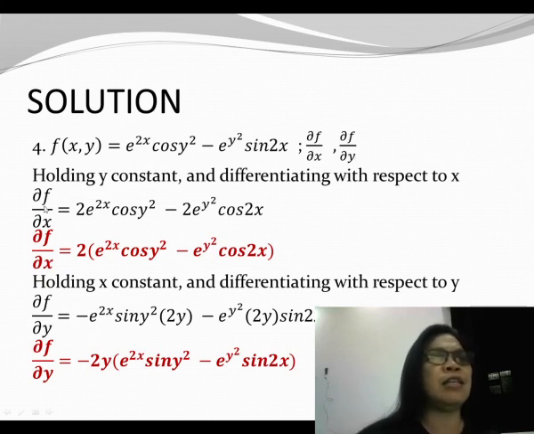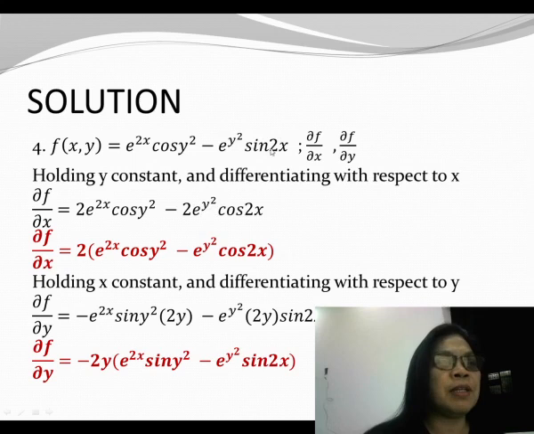If we find the partial derivative of the function with respect to x, then again we have to consider y as constant. From the given, if y is constant, we can consider this cosine y squared as a coefficient. Then we just get the derivative of e raised to 2x, which is e raised to 2x, and the derivative of 2x is 2. On the second term, if y is constant, then e raised to y squared is a constant coefficient.